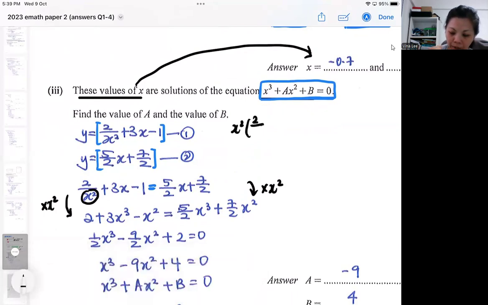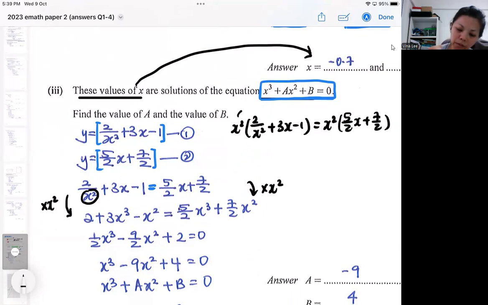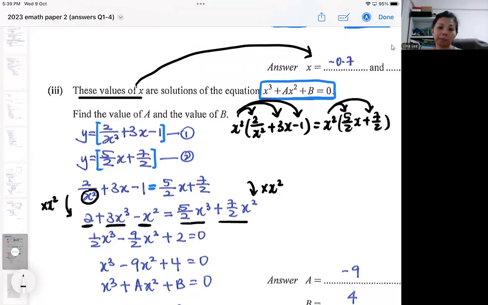So when I multiply x squared on both sides, you can do your individual expansion. When you do the individual expansion, you find that the x cube starts to appear.